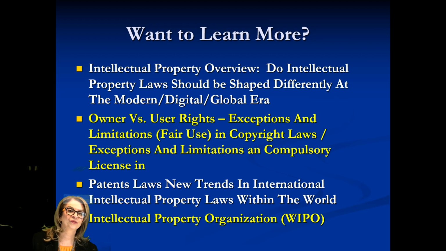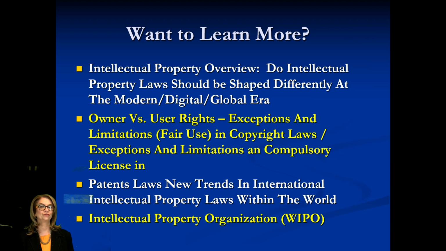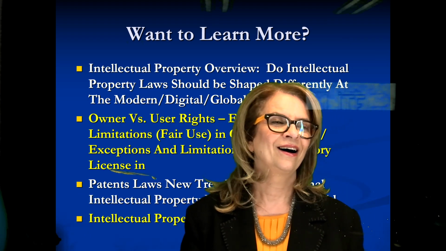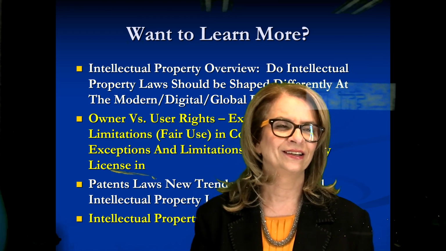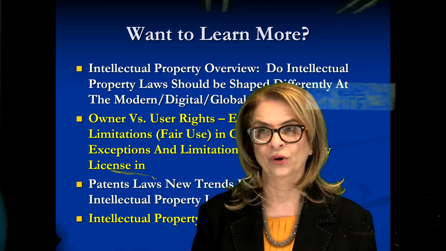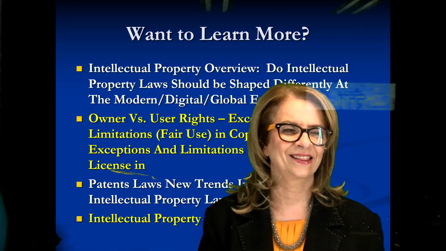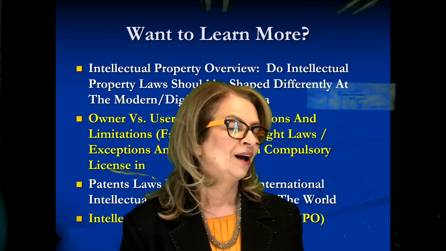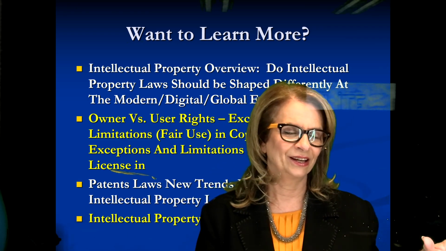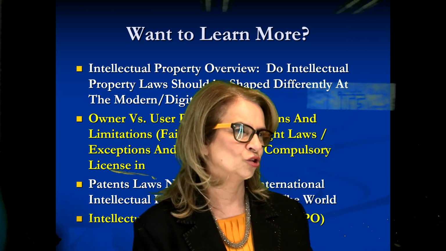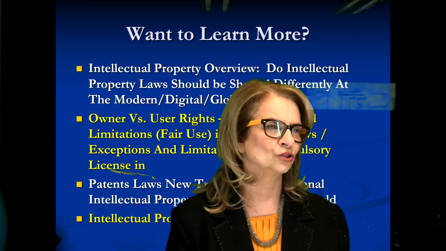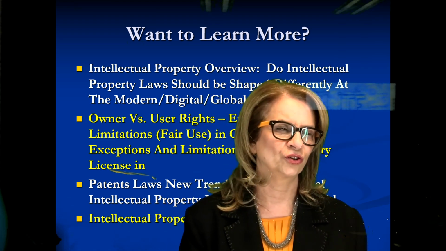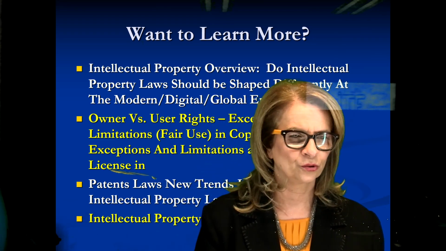Intellectual property overview. Intellectual property should be shaped differently in the modern digital global era. Here is my expertise: the question of AI-generated works of art. Currently, and these things can change rapidly, there are three approaches. The United States Copyright Office does not recognize and does not grant copyright to works generated by AI, only to the human contribution.